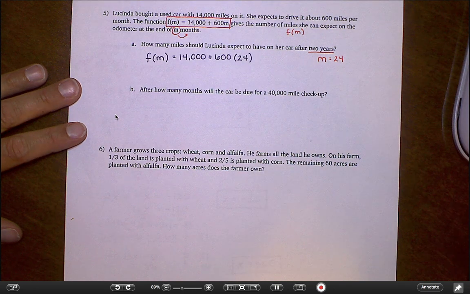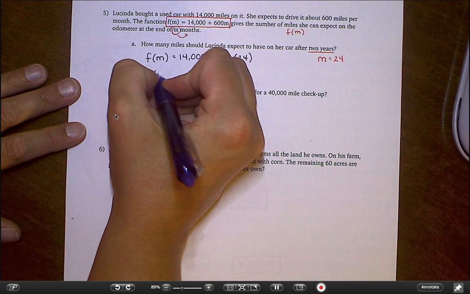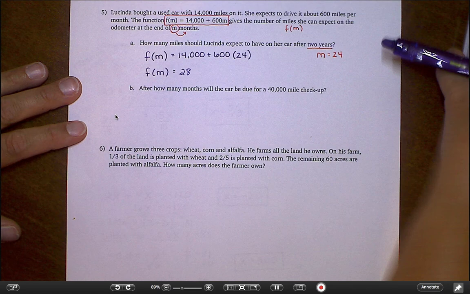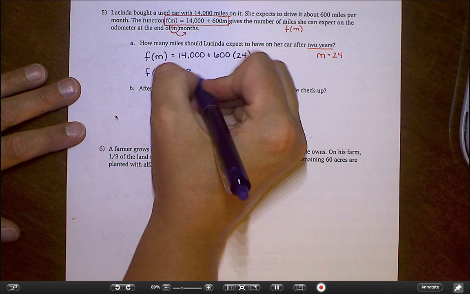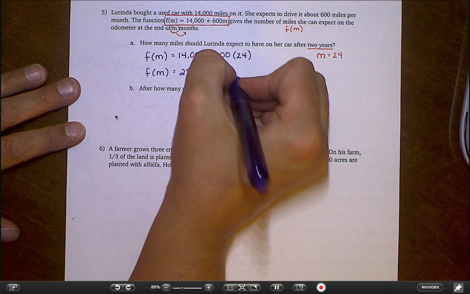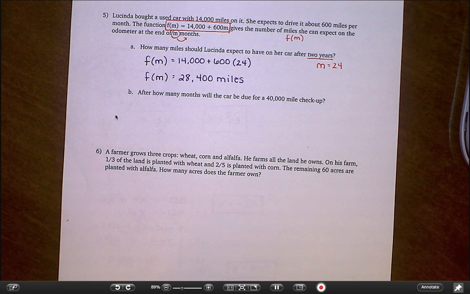So at the end of those 24 months, I would expect this to be, let's make sure I got that right, 28,400. That's how many miles should be on the car. Okay, that one was pretty straightforward, and in fact, I think most of you could have handled that question without a demo.